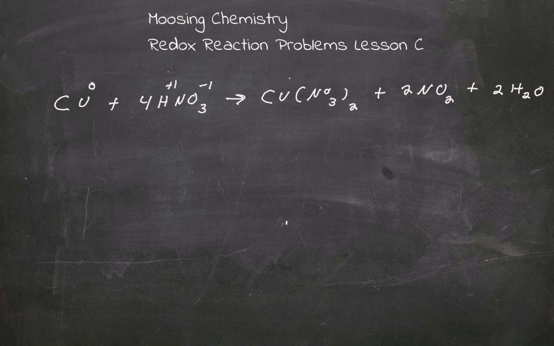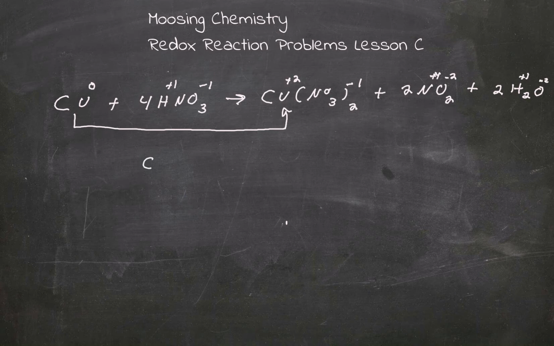Copper is becoming a +2, and nitrate still a -1. Okay, and so we have nitrogen is a +4 here and a -2 there. -2, +1. All right, so let's look at copper. Copper is going from 0 to +2.